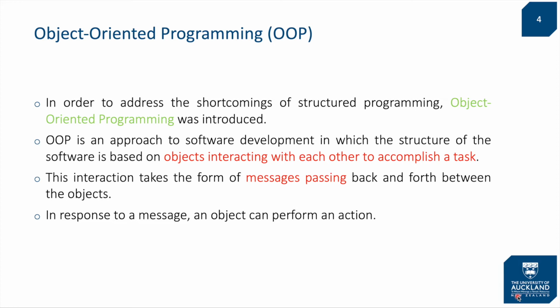So our application becomes the identification and then implementation of these entities in the context of the application, and then these entities start talking to each other by requesting services from each other, and that's how the software eventually operates, and that's called message passing.